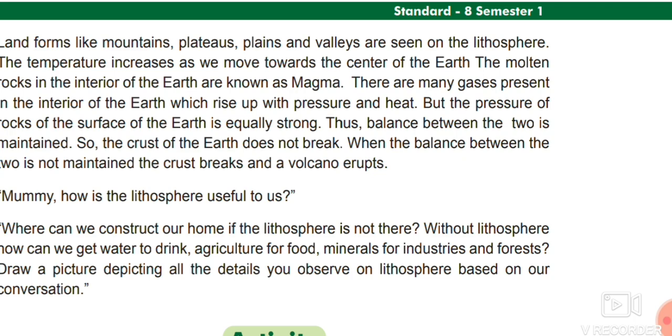Now, it's not like only magma is present. Because of the pressure and heat, there are many gases, but the pressure of the rock of the earth's surface is equally strong. The upper layer, the crust layer, is also very strong. Thus, balance between the two is maintained. That means the pressure of the molten magma and its gases inside and the upper crust layer of the earth are equal. So the crust of the earth does not break; otherwise, because of the pressure, the crust, the uppermost layer of the earth, could break.